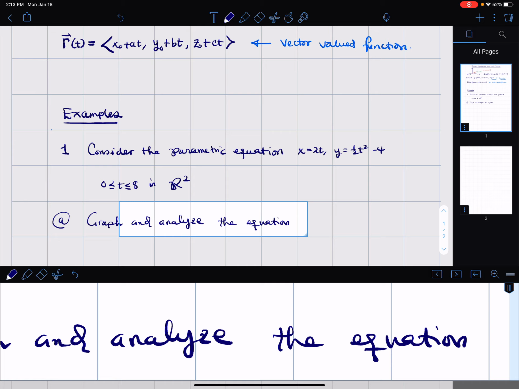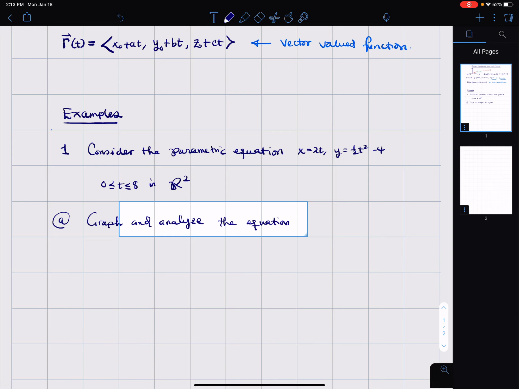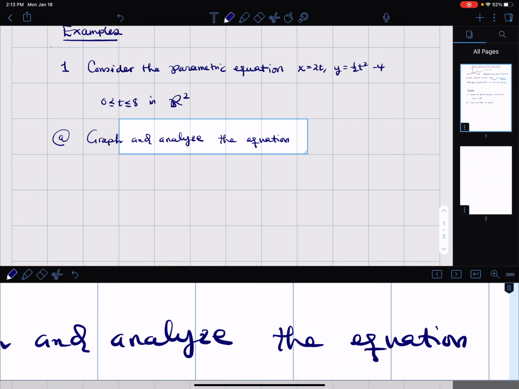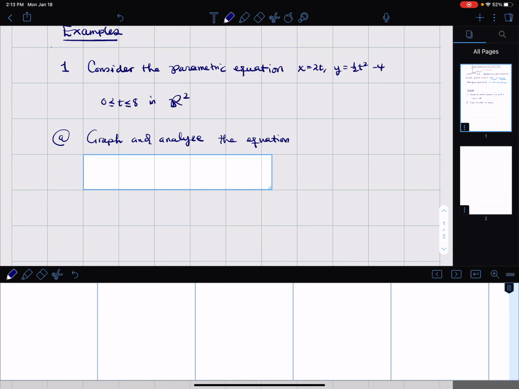Okay, so to graph the equation, let's make a table. I hate making tables because this iPad is very notorious for not allowing me to draw a straight line. But you guys are going to walk with me here.